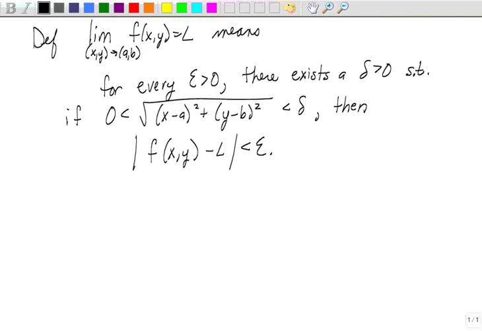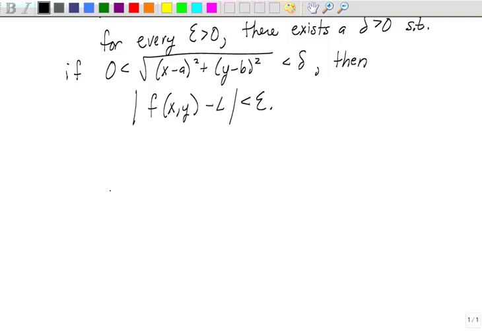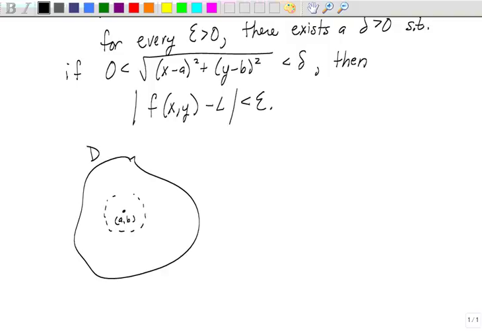And I can draw a picture of this. So here's our domain, and here's our center of a circle, (a, b), and f is defined inside the circle.